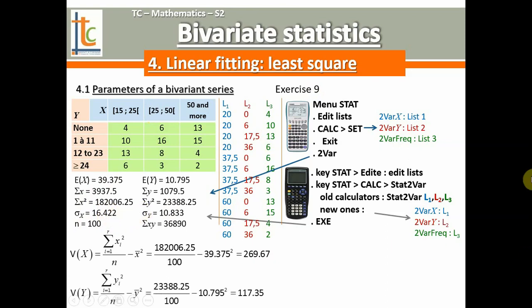The variance of y and the covariance, which is this time negative, imply that mostly the older the people are, the less they went to the cinema in the last 12 months. And that's what the distribution of frequencies shows us.